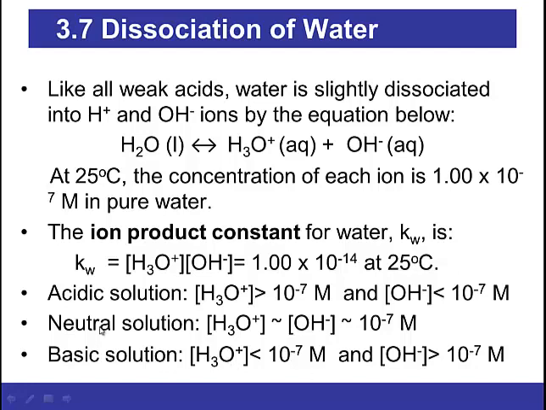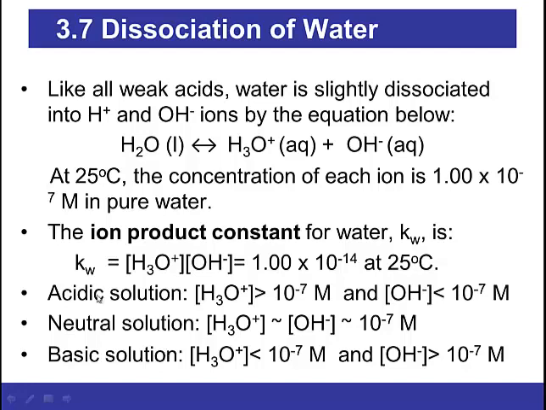So once we've defined our acidic, neutral, and basic solutions, we can actually use these concentrations of hydronium ions and hydroxide ions to indicate the strength of the acidic solution or the basic solution. But it's kind of inconvenient to use very, very small numbers, right? It's kind of inconvenient to use 10 to the minus 14th all the time or 10 to the minus 7th or the range that's in between those two.